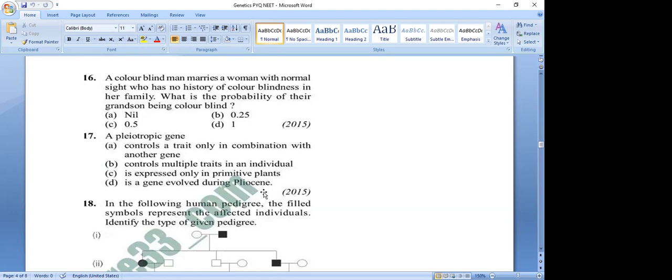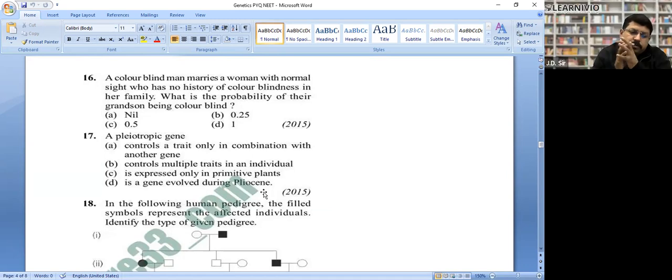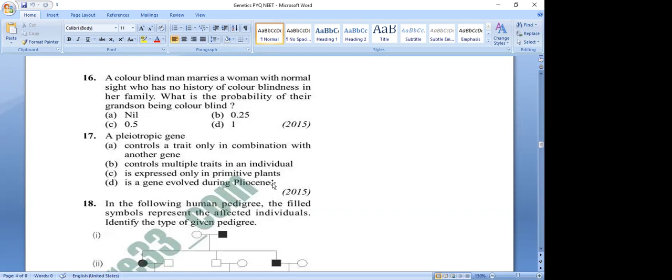So the daughter can transfer it to her son. So I think 0.25 will be the probability. Right. Very good. Both of the daughters will be carriers. Yes. Very good.